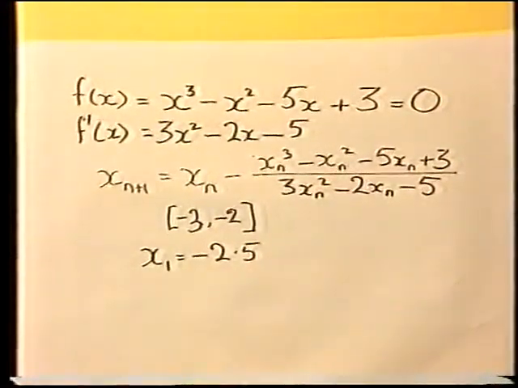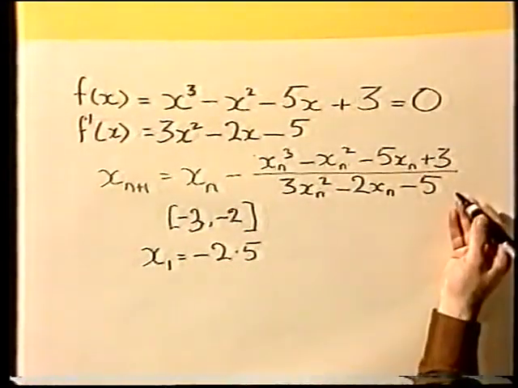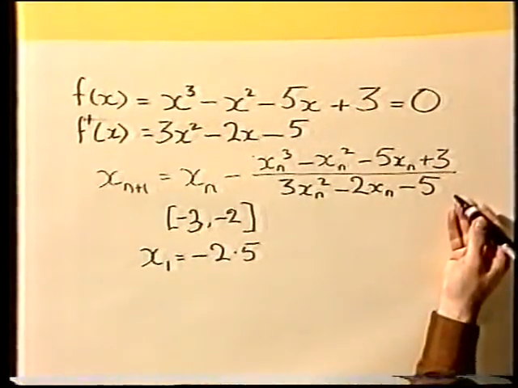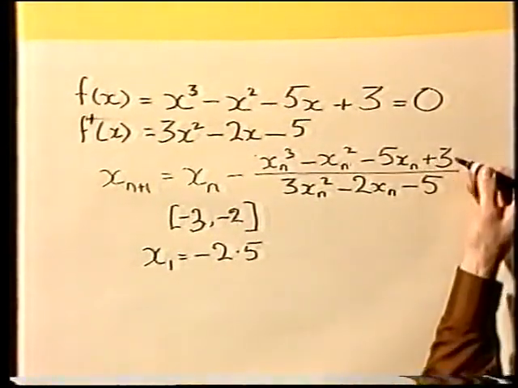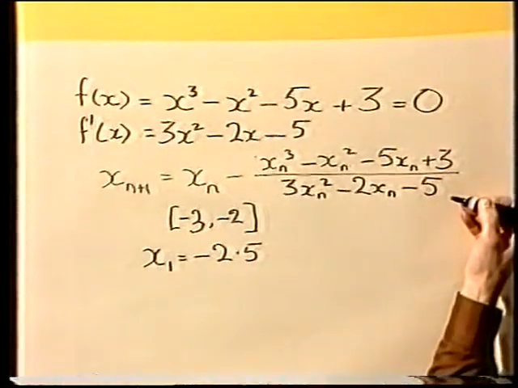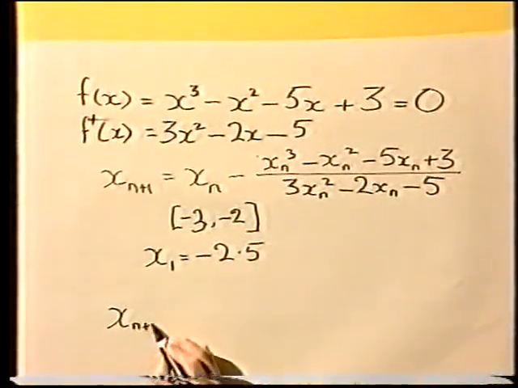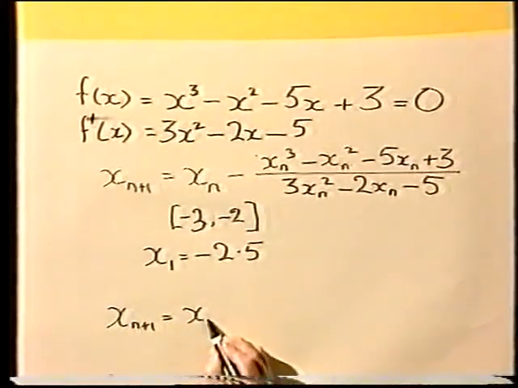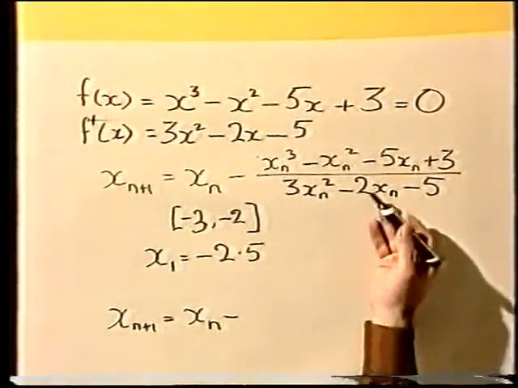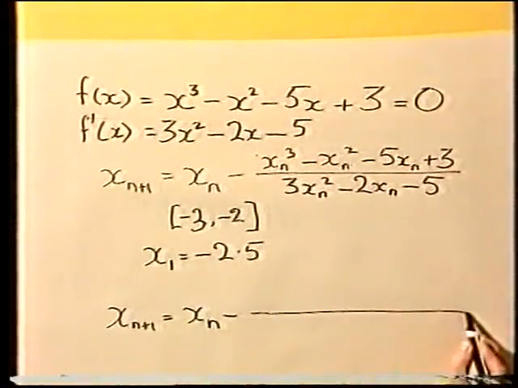Now, I'm going to use my calculator, and this iteration formula isn't in quite the right form for that. These expressions need to be nested. So I'll write the formula like this. Xn plus 1 equals xn minus, and now I'll nest these. Right.